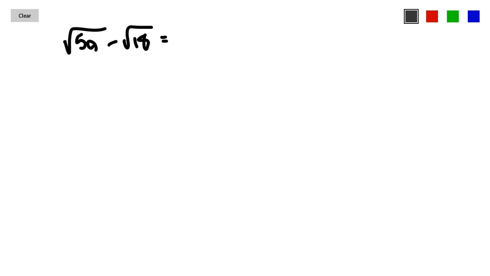So I can rewrite 50 as the product of 2 and 25 inside the root. And I can rewrite 18 as the product of 2 and 9 inside the root.